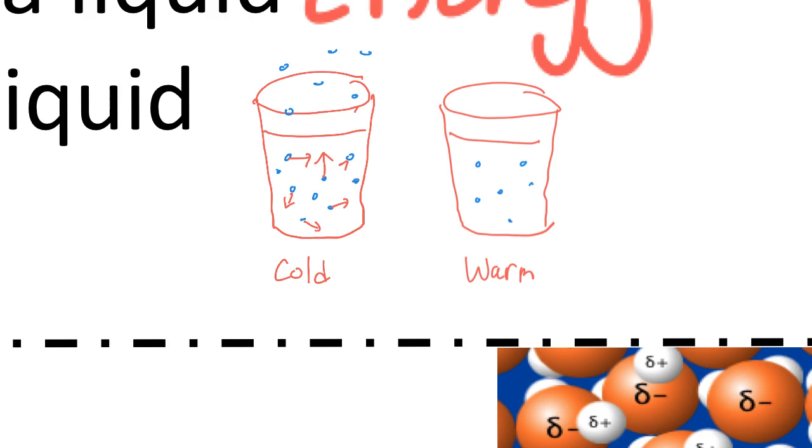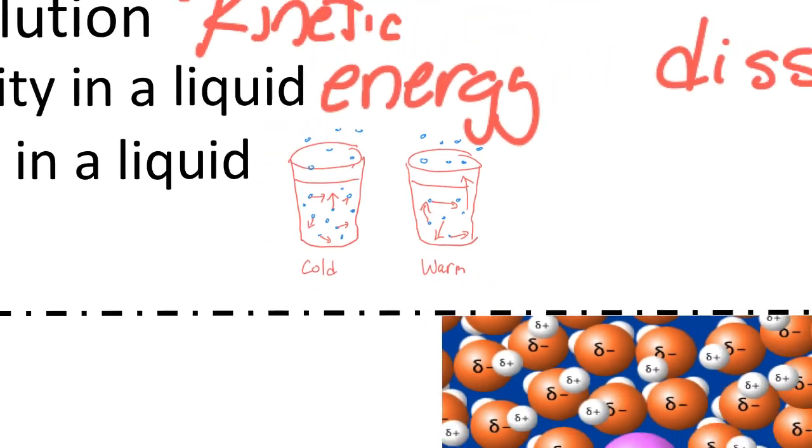In a warm solution, these particles are moving much faster. If they're moving much faster, they're going to bump into each other, and they're also going to reach the surface quicker. So these particles, more of them are going to leave. So when you're comparing cold versus warm, you're going to have a greater number of gas particles able to be present in cold versus something that's warm.